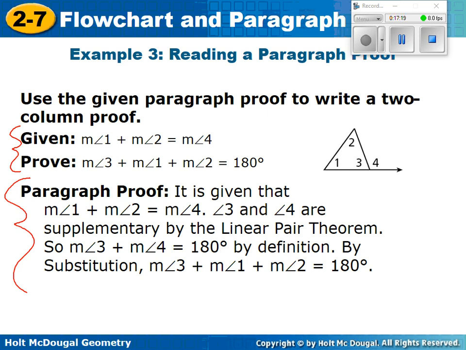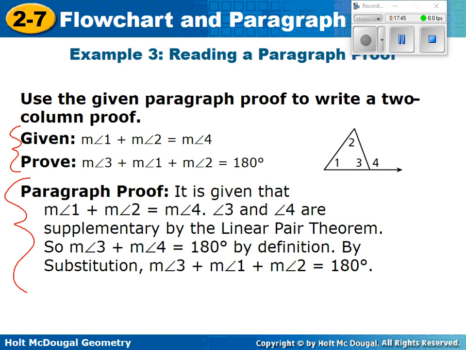So what would we write as our statement number 2? So angle 3 and angle 4 are supplementary. And that's how we would write it, word for word, just like it says. And what would be our reason for that?